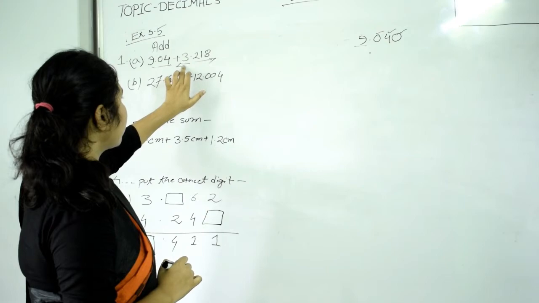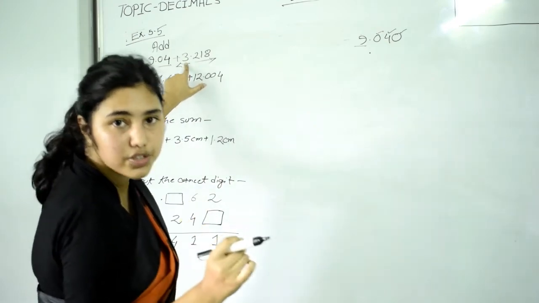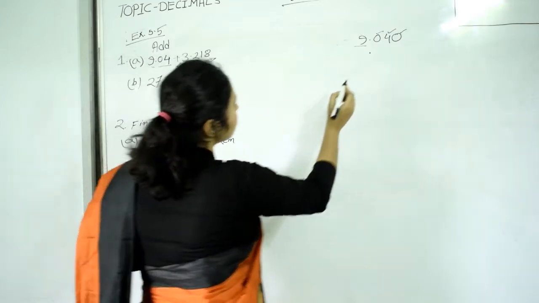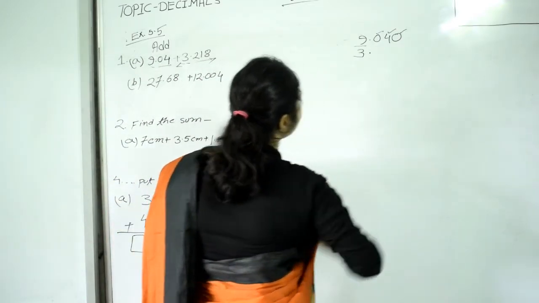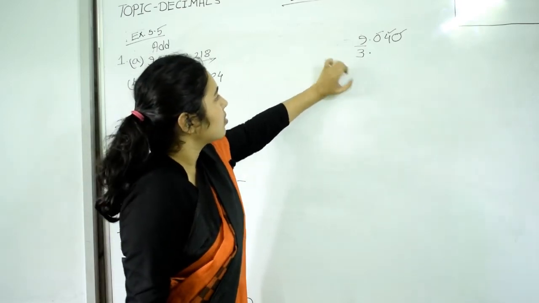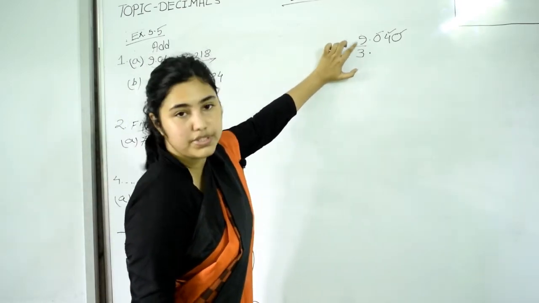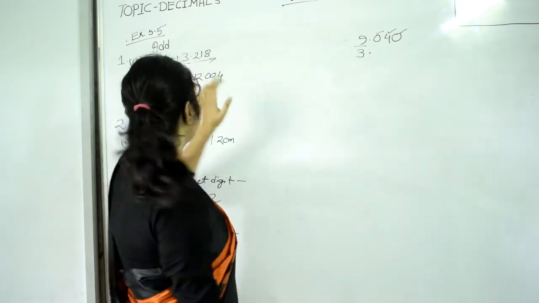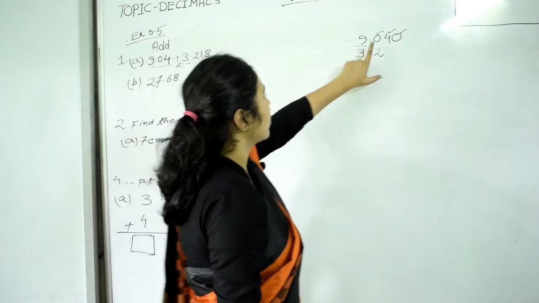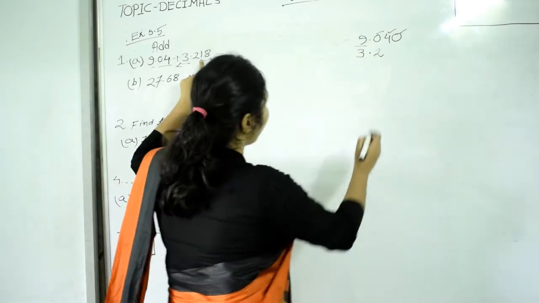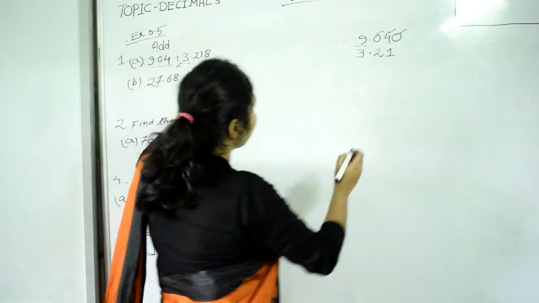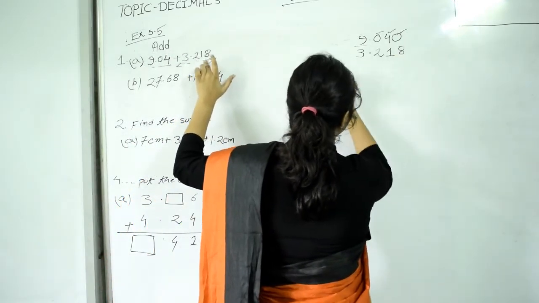Next, this is our decimal part and this is our whole number part, right? So here in our whole number part we have only 3, only 1 digit, which means write 3 in ones place, just below 9. Okay. Next, put 2 in tenth place, 1 in hundredth place and 8 in thousandth place.